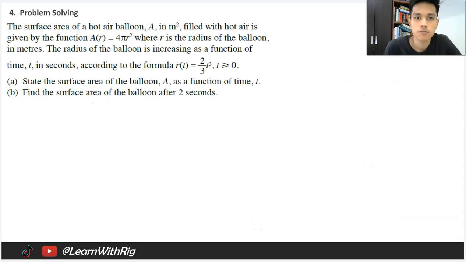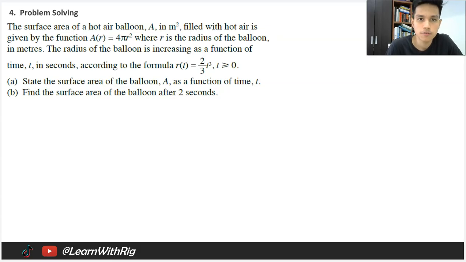The surface area of a hot air balloon A filled with hot air is given by the function A(r) = 4 pi r squared, where r is the radius of the balloon. The radius of the balloon is increasing as a function of time according to the formula r equals 2 over 3 t cubed.